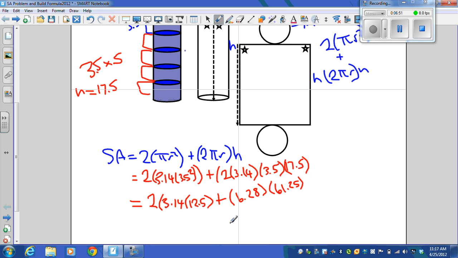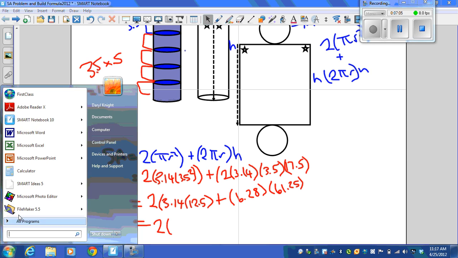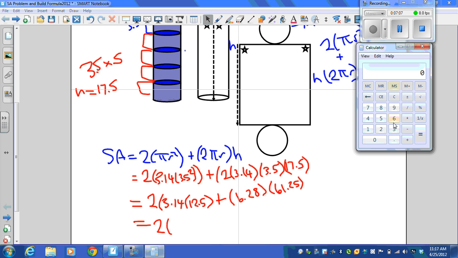Then I'm going to multiply that by 6.28. On my next line, I'm going to end up with 2, and then I can do this one: 3.14 times 12.25 is equal to 39.25.